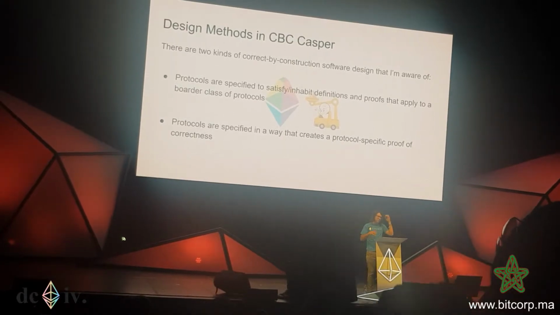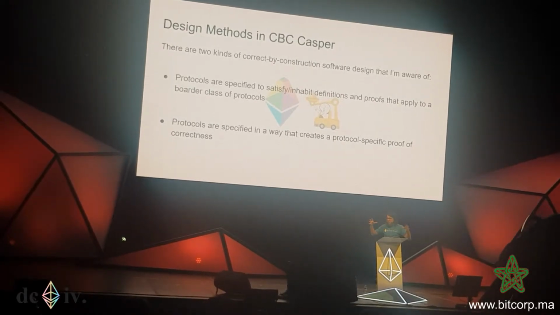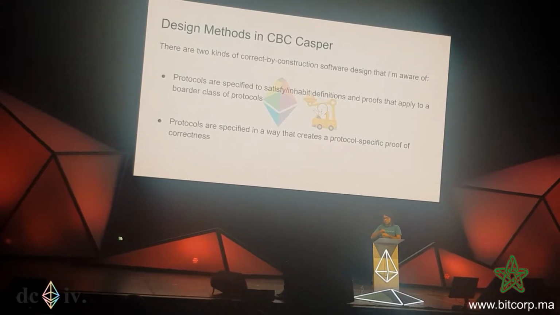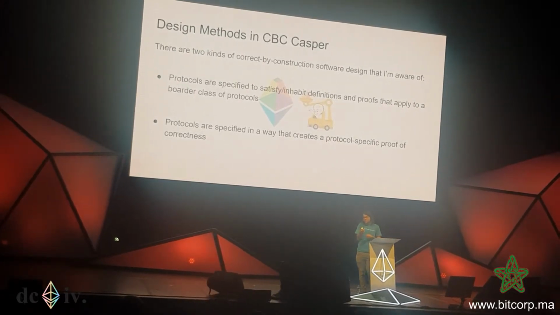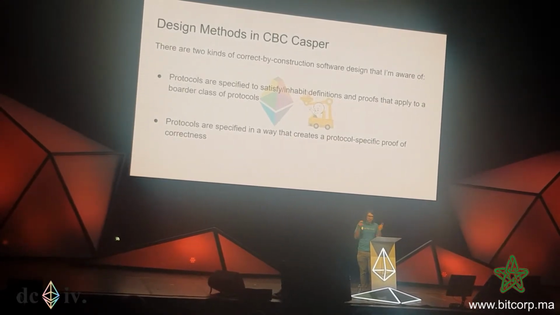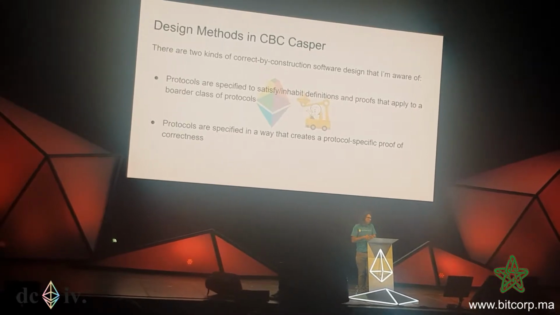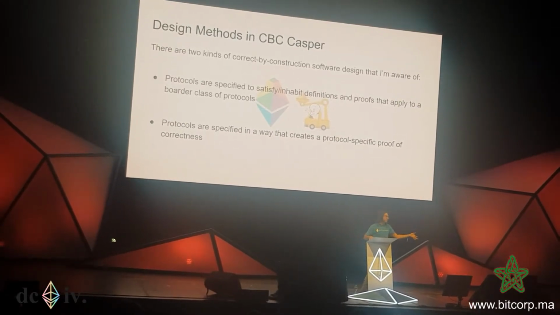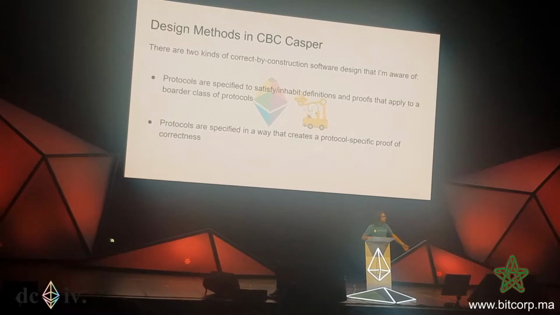So if we have a family of protocols that all satisfy a theorem, and we pick or construct protocols in a way that guarantees they're part of the family, then we can, in a correct-by-construction way, get a protocol that has the property that the theorem shows for the family.